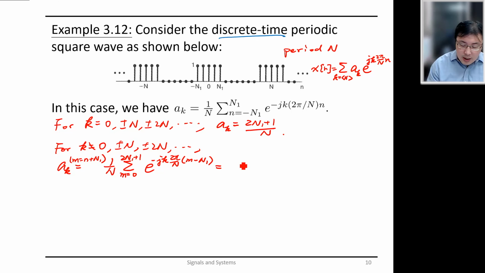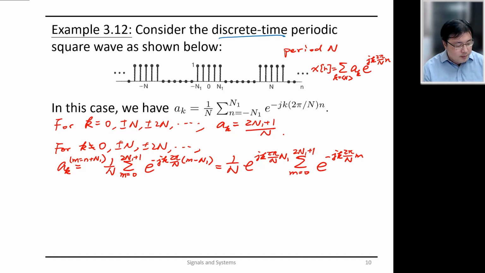So I can write this as 1 over N e to the jk 2 pi over N times N1, and then inside I have a summation from 0 to 2N1 of e to the minus jk 2 pi over capital N m.